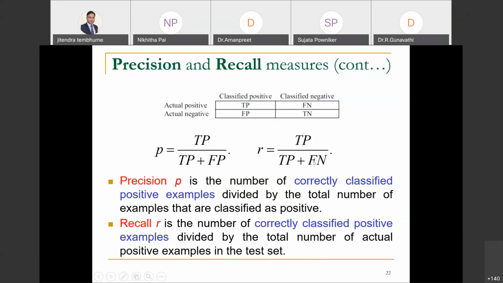To get more precision, we require the false positives to be very few. Similarly, to achieve more recall, false negatives must be very, very few.